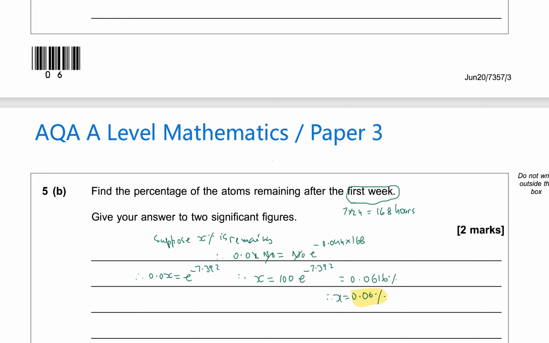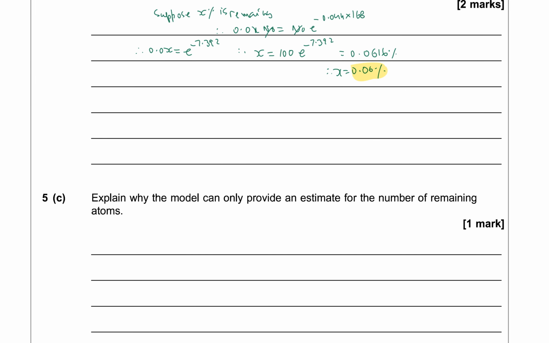Okay, so the next bit of the question, we need to do a little bit of writing. Explain why the model can only provide an estimate for the number of remaining atoms.